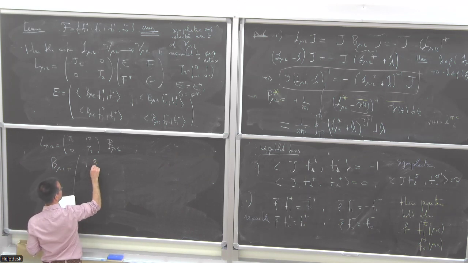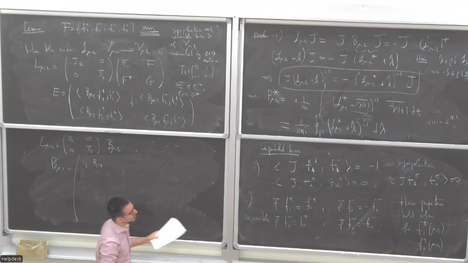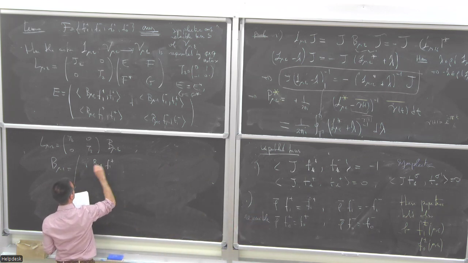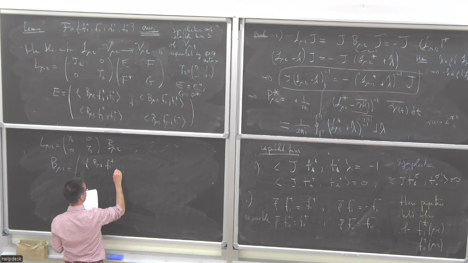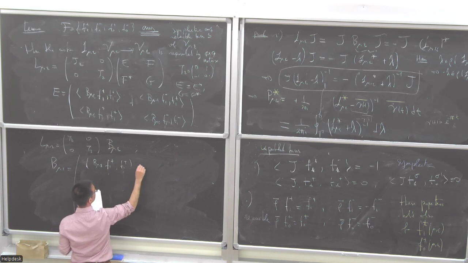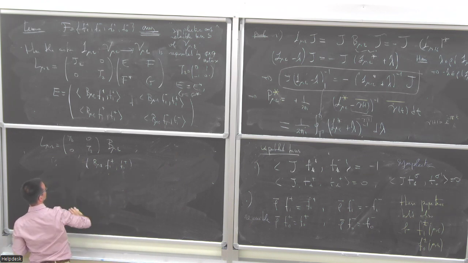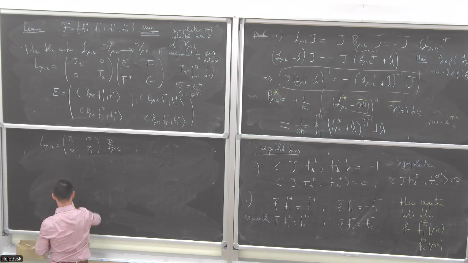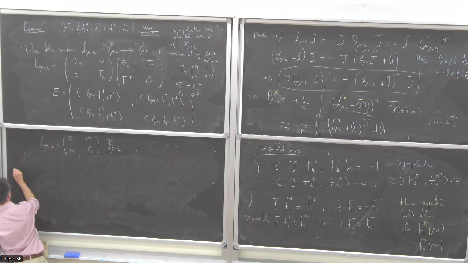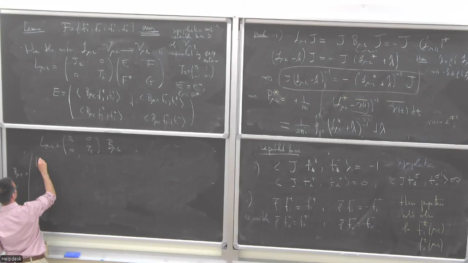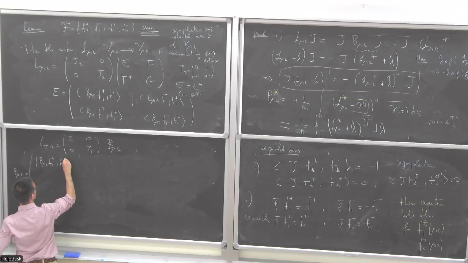So you have the scalar product of B mu epsilon, which is the operator there, acting on F1 plus, F1 plus. So B mu epsilon F1 plus, F1 plus.